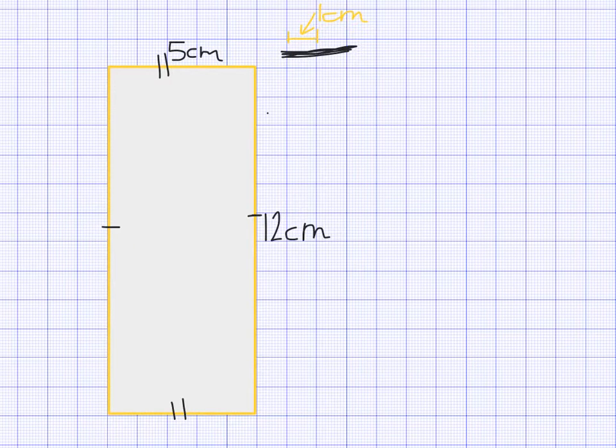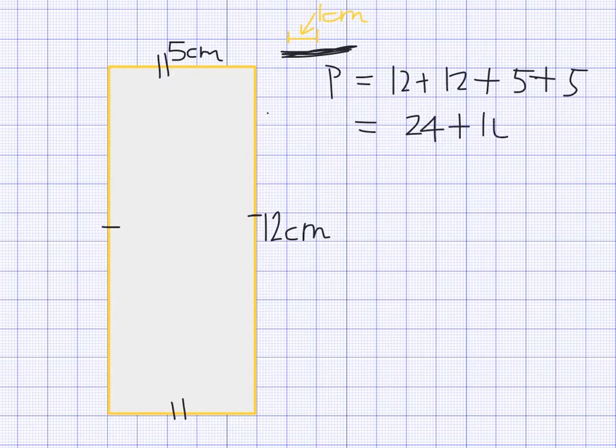They'll be the same length because it's a rectangle. So I could use my doubles method and go the perimeter is going to be equal to 12 plus 12 plus 5 plus 5, which will give me 24 plus 10, the perimeter then being 34 centimetres.